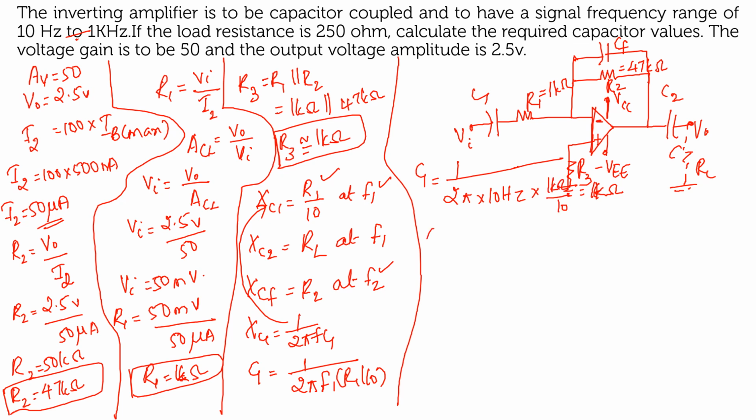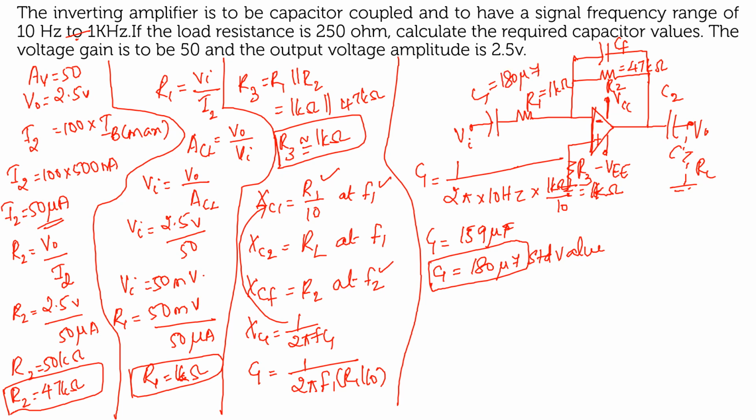So you will be getting C1 equal to 159 microfarad. You can approximate and use 180 microfarad standard value. So C1 is equal to 180 microfarad.